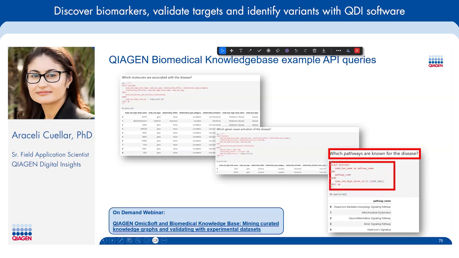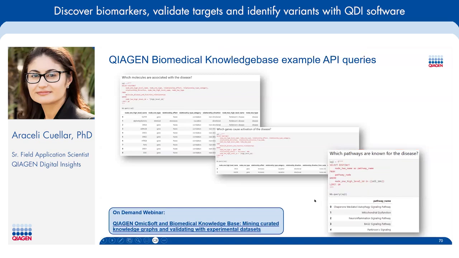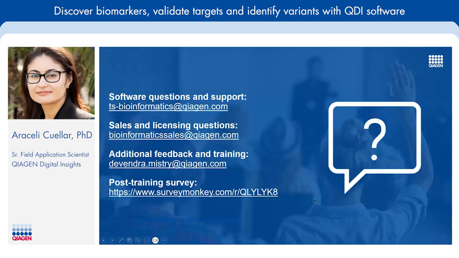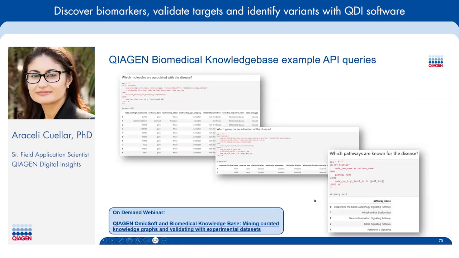Again, this gives you the flexibility to customize your own queries and dig up information that way. Feel free to reach out to us if you are curious about any of these additional ways in which you can use and access the data from Omicsoft, HMD, and IPA.